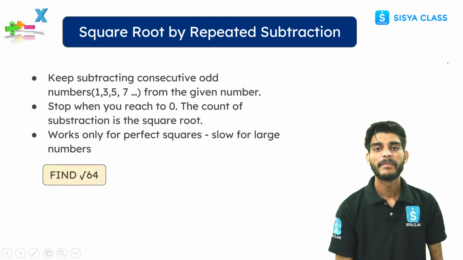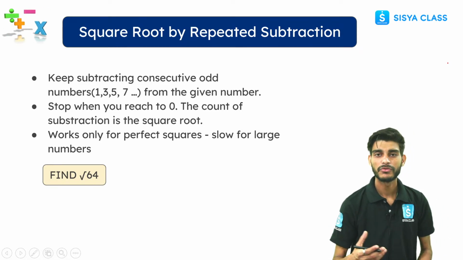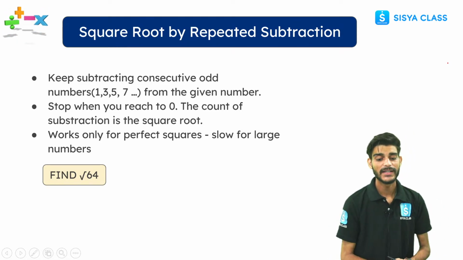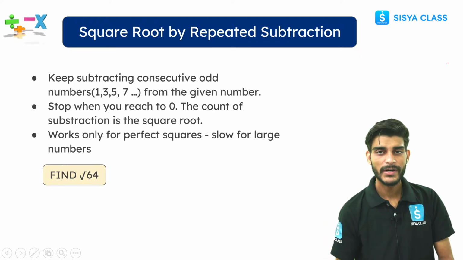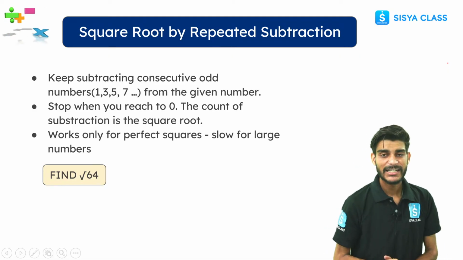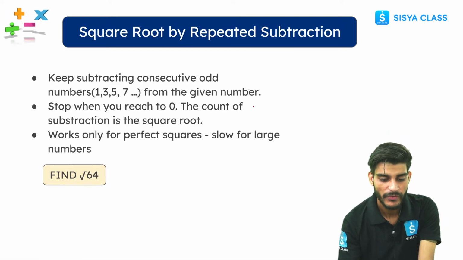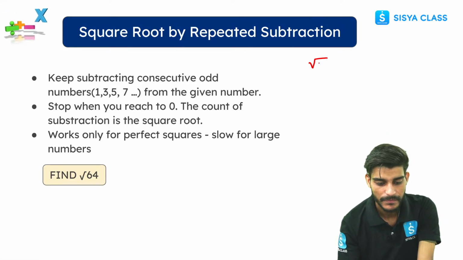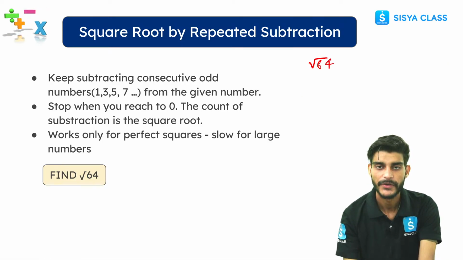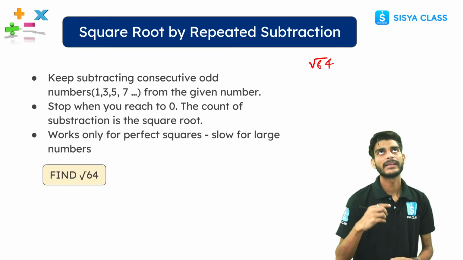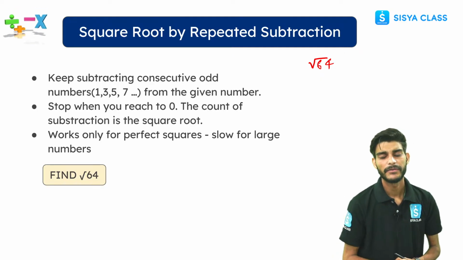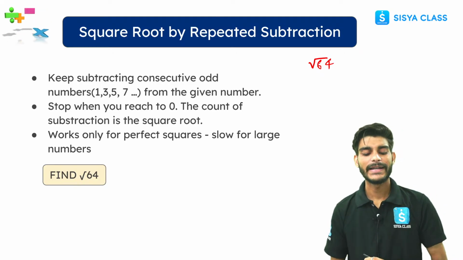Now there are some methods to find the square roots of a number. The first one is the repeated subtraction method. What is the meaning of it, sir? I'll explain through an example. Suppose you have to find the square root of 64. One way of thinking is: is there any number that if you multiply two times, we'll get 64?